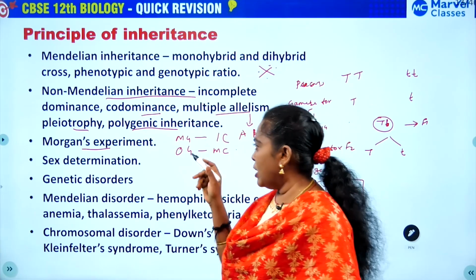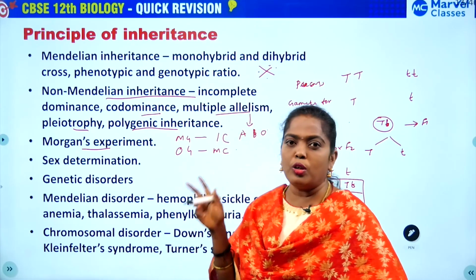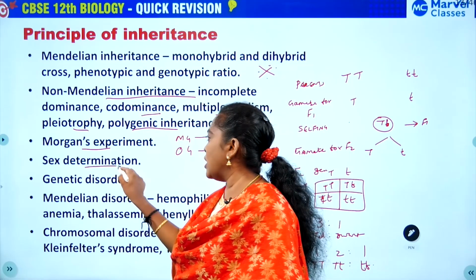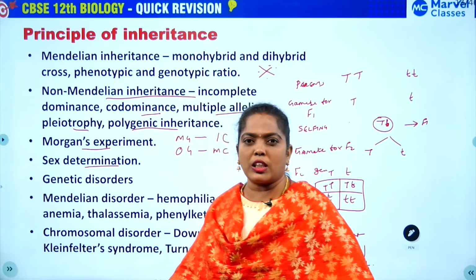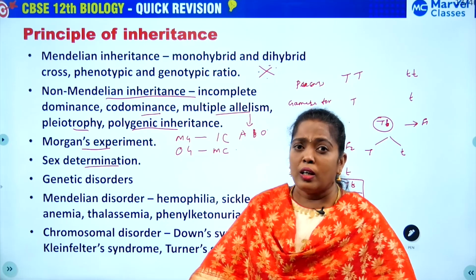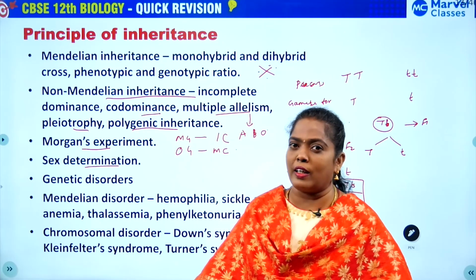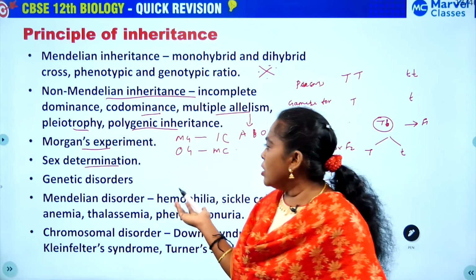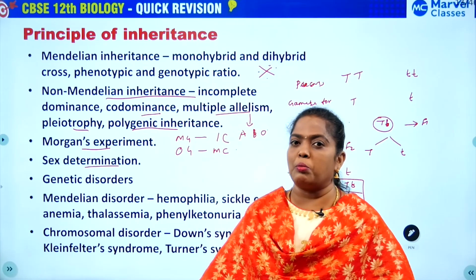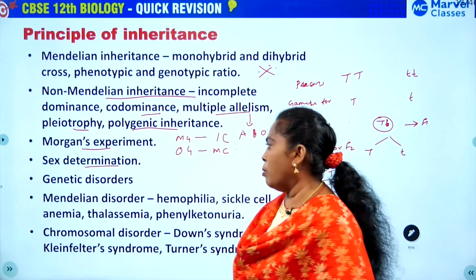That experiment also you have to remember with the ratios. Then sex determination. How the sex determination is in human beings, how it is in insects, and how it is in birds: XX, XY, XX, XO, ZZ, ZW. Sex determinations also you have to remember.